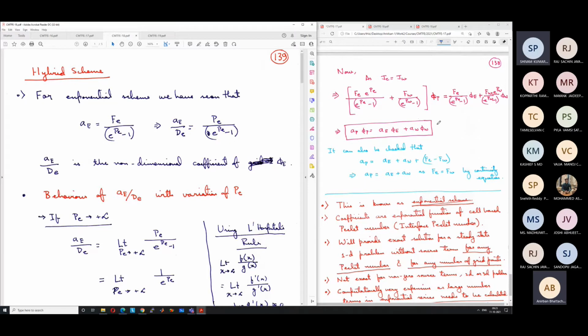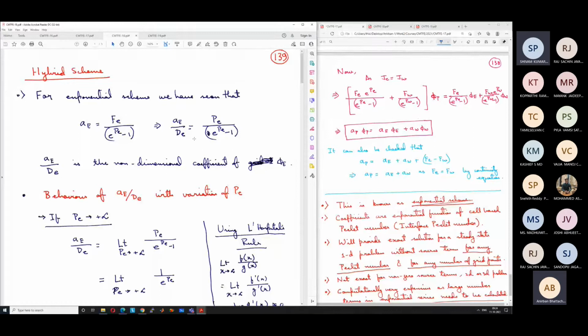So we can write this in non-dimensional terms if you divide all the coefficients by the diffusive strength. If you divide the coefficients by the diffusive strength, the terms become non-dimensional. So AE by DE, diffusive strength for the east interface. AE by DE is equal to Fe by D by e to the power p minus 1.